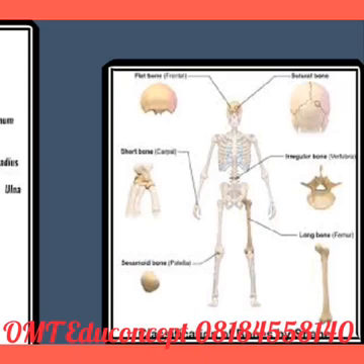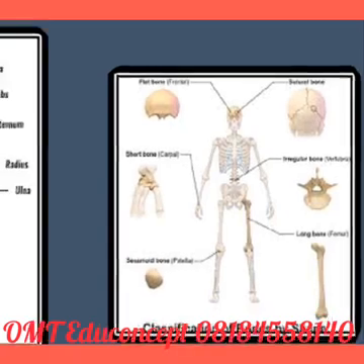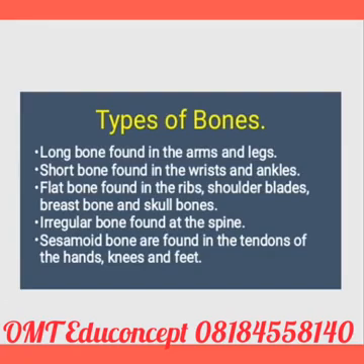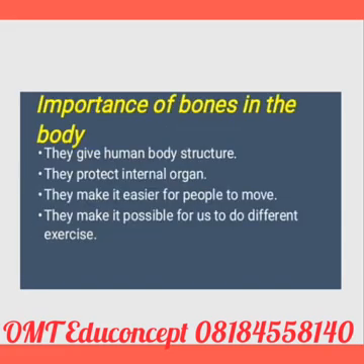So those are the different bones that we have. Don't forget that in the body we have 270 bones at birth, but as we grow up it reduces to 206.